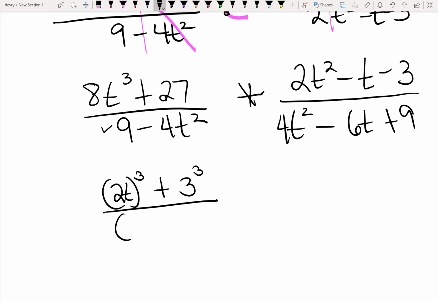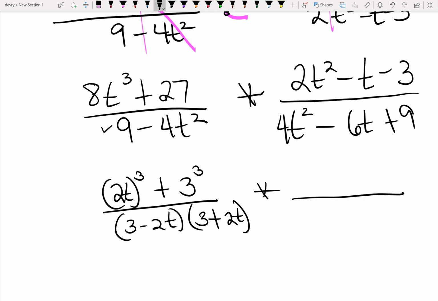So this has to be 3 minus 2t times 3 plus 2t. So I went ahead and factored that. This part here is not going to change, so this is times all of this nonsense, which is basically 4t squared minus 6t plus 9.